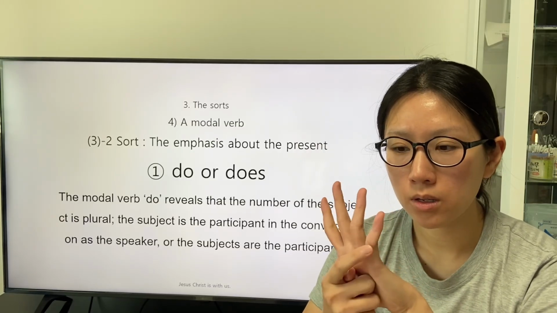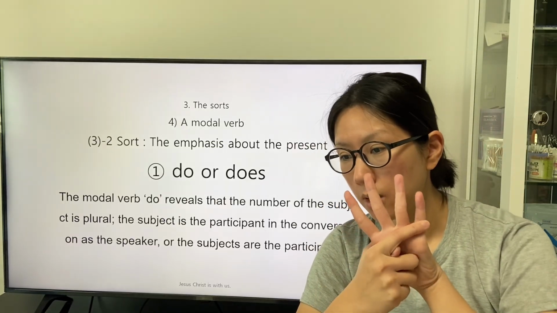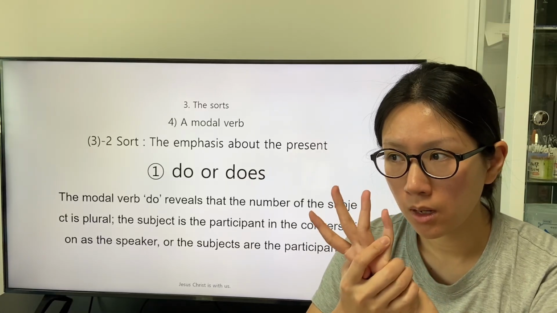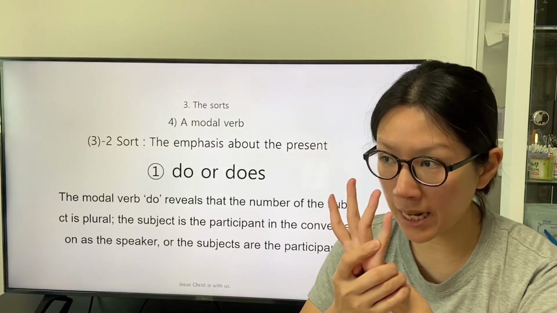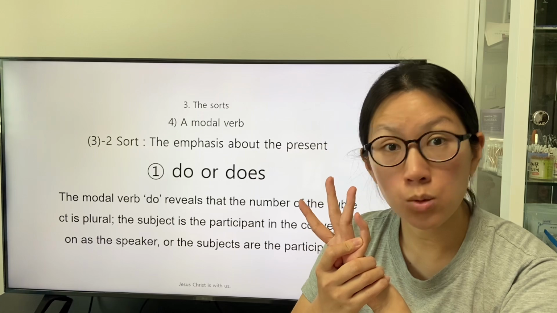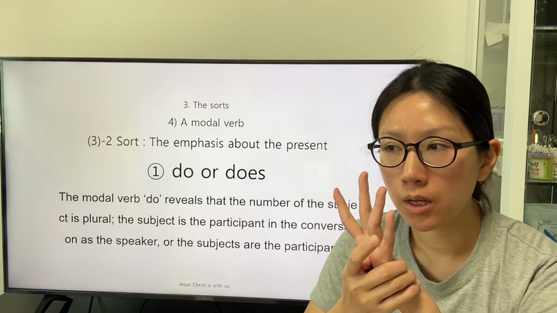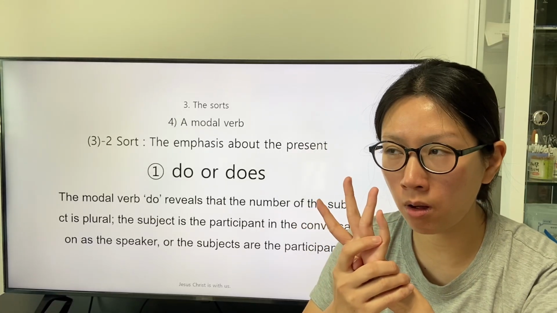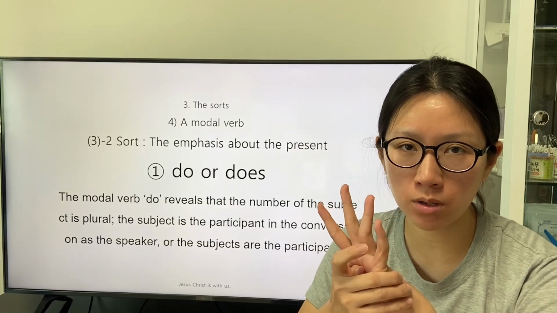The fourth classification of the subject is about the subject indicated by the personal pronoun they. The number of the subject is not one, and the subject does not participate in the conversation with the speaker.